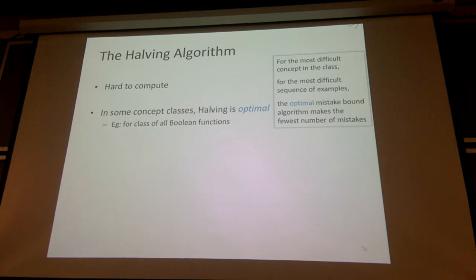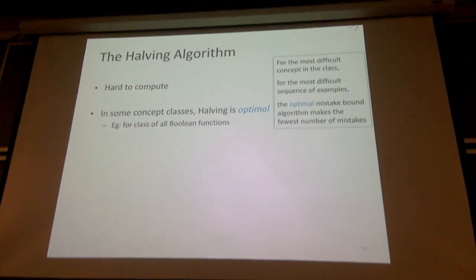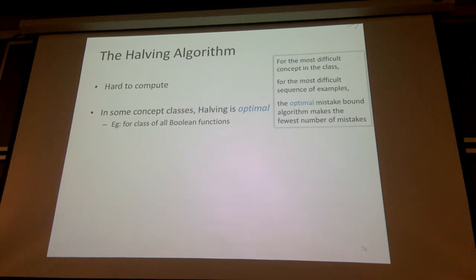And optimal is a very specific definition. It means for the most difficult concept in the concept class, for the most difficult sequence of examples that are presented to it, there is no algorithm that can make a fewer number of mistakes.